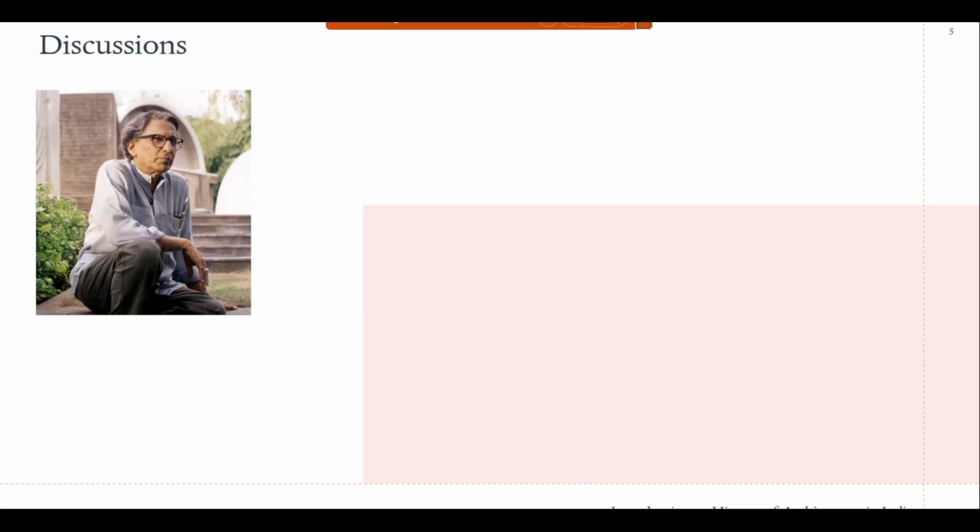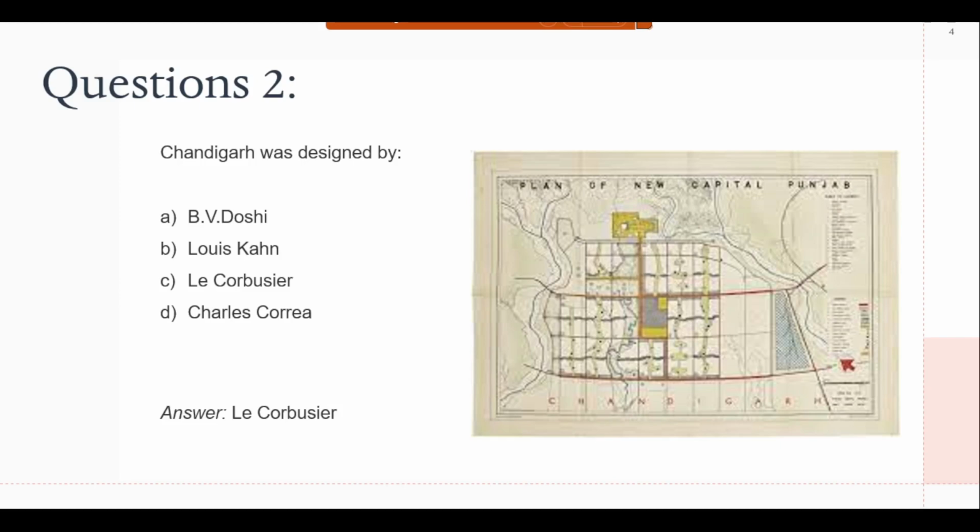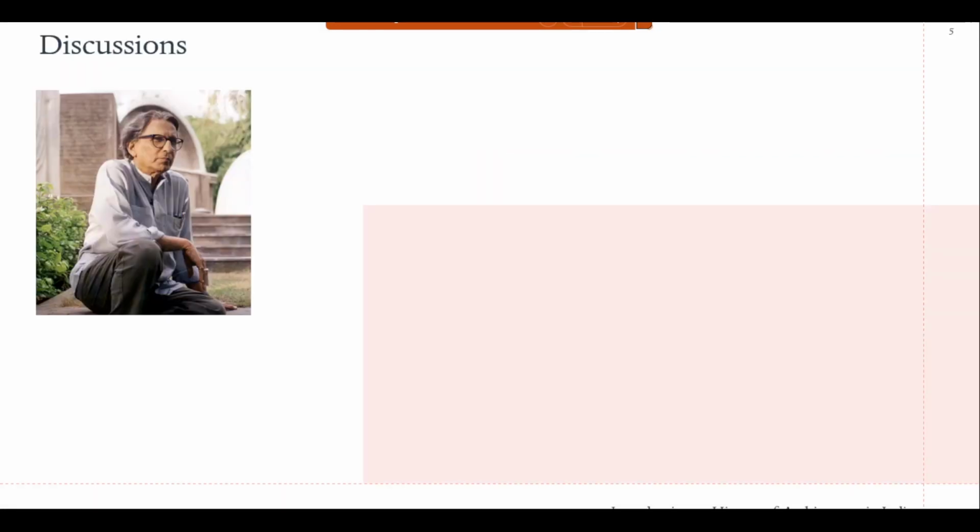Okay, can you identify this person? Actually, in this slide we have seen a few architects, right? The architects are B.V. Doshi, Louis Kahn, Le Corbusier, and Charles Correa. This person is Sir B.V. Doshi.